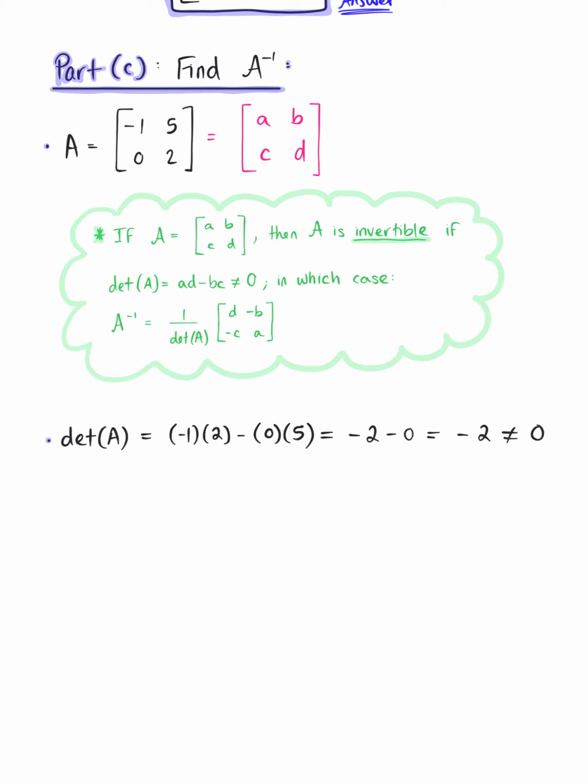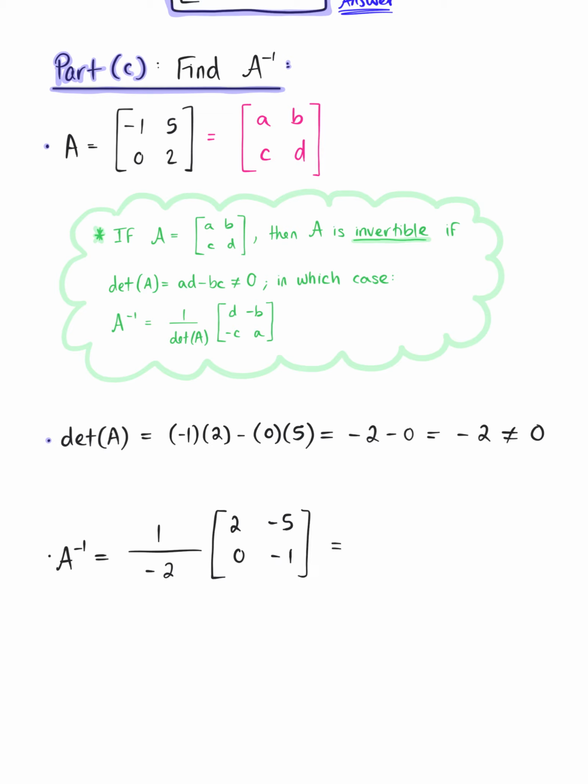A is invertible. So we can say that A inverse is going to be equal to 1 over -2 multiplied by the 2 by 2 matrix 2, -5, 0, -1.